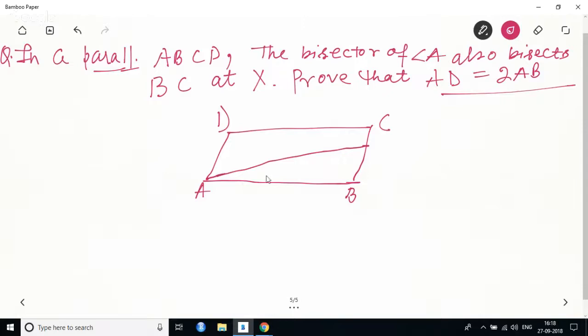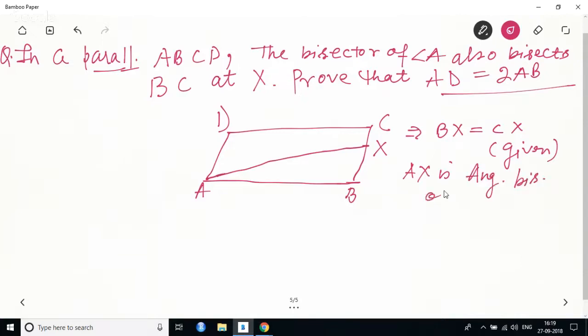And now bisector of A meets BC at X such that it bisects BC. It means that BX is equal to CX. It has been given. Also AX is angular bisector of angle A.